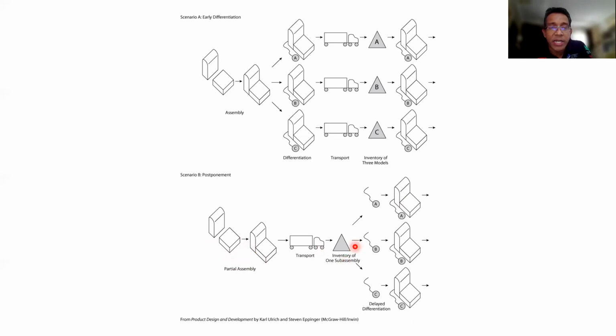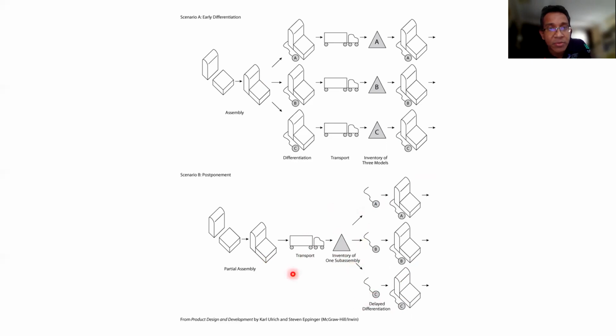So they just transport and do this afterwards. You can see the difference here. You need three transportations and three inventories, but here you have only one inventory and one transport, and then do a segregation before shipping to the customer, at the warehouse side.